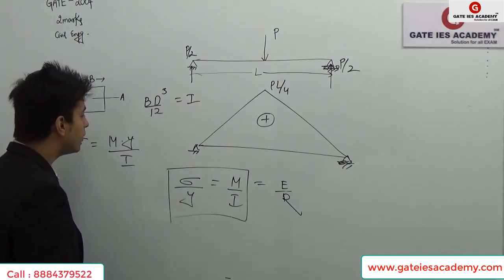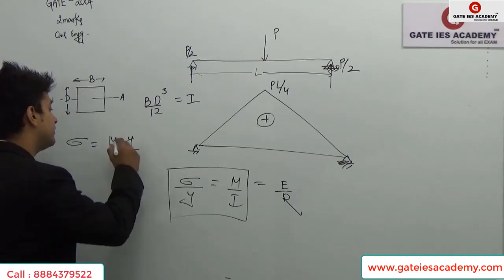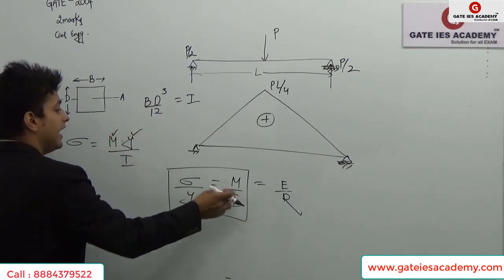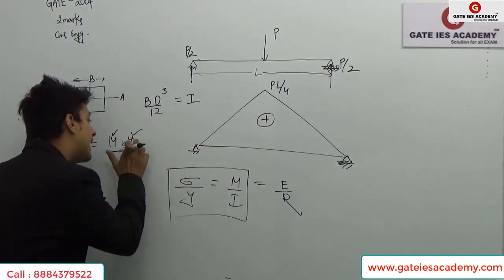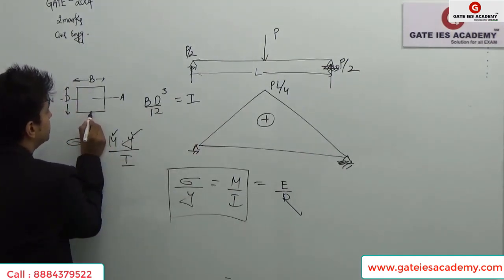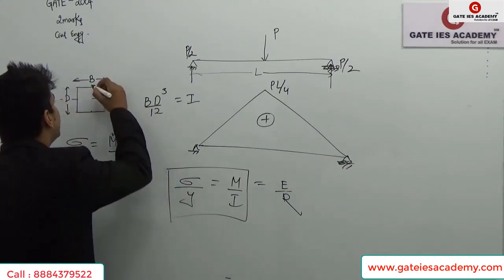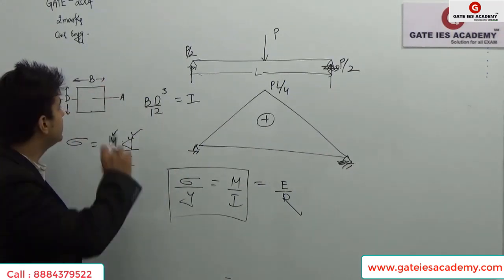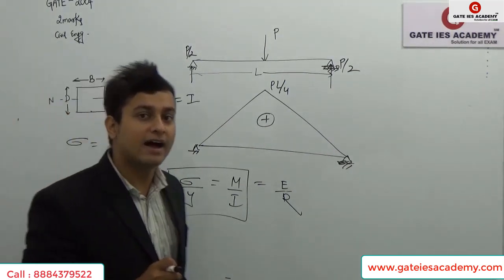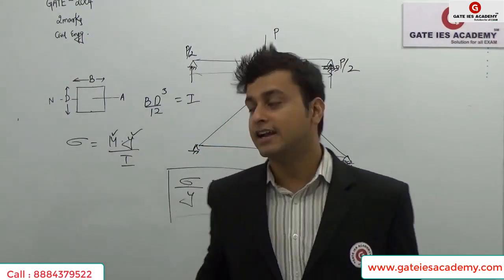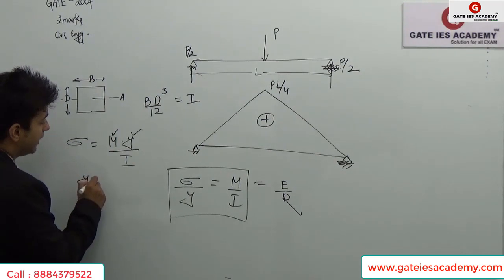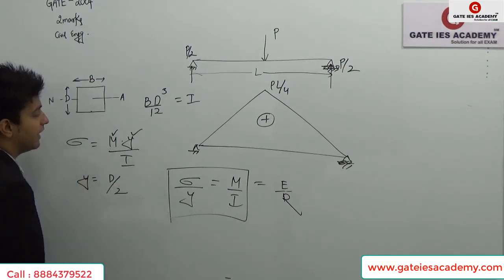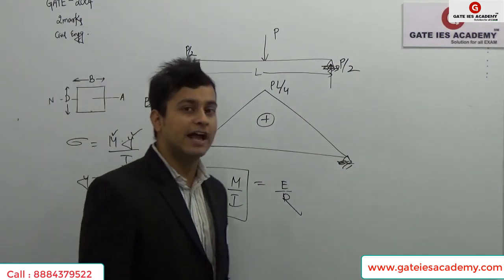Now I want to calculate my M value and Y value. M maximum is nothing but equal to PL by 4. Y will be maximum at the base or the top. So at the extreme positions we will have the maximum stress, and Y will be equal to D by 2. So now everything is sorted, we have every value.